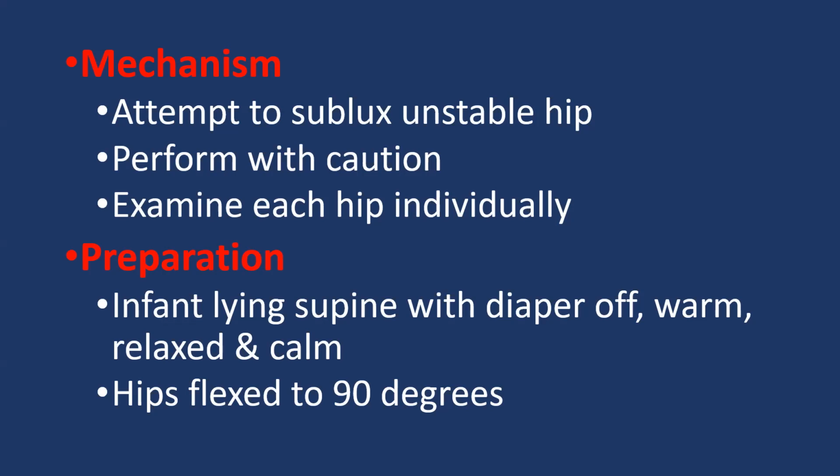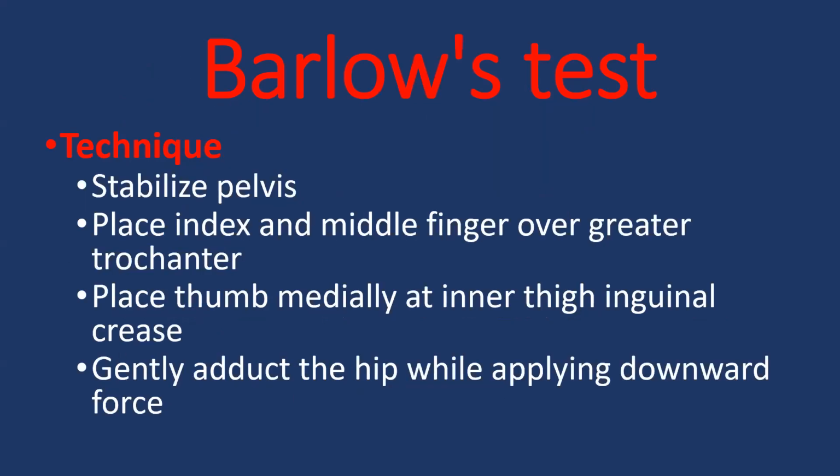The hips should be flexed to 90 degrees. Technique, the whole purpose, you should stabilize the pelvis with one side. That's why I'm telling you, do one hip at a time. Place the index and the middle finger over the greater trochanter.